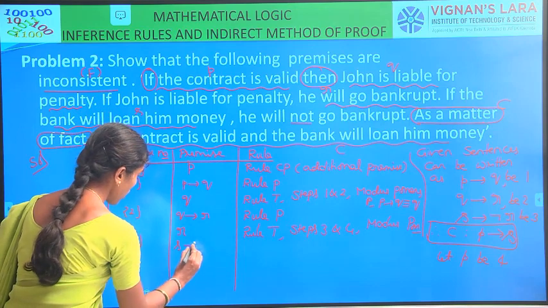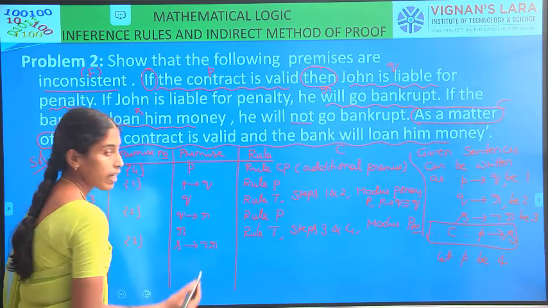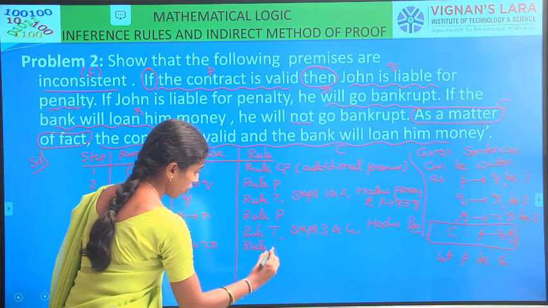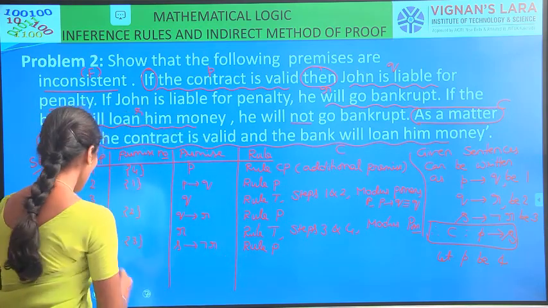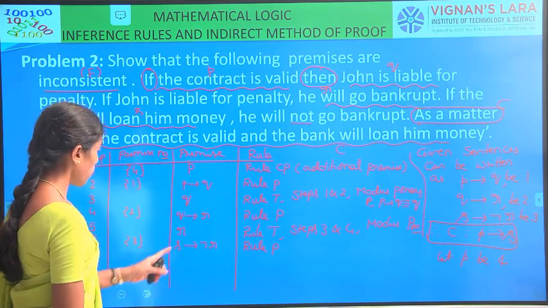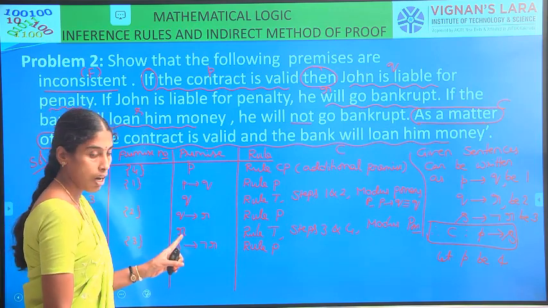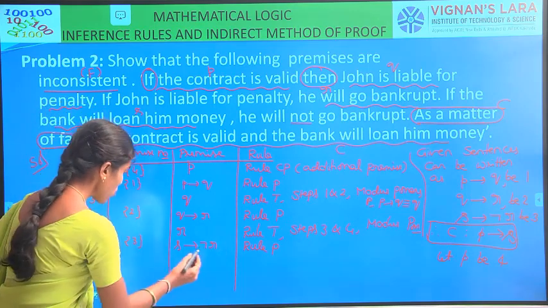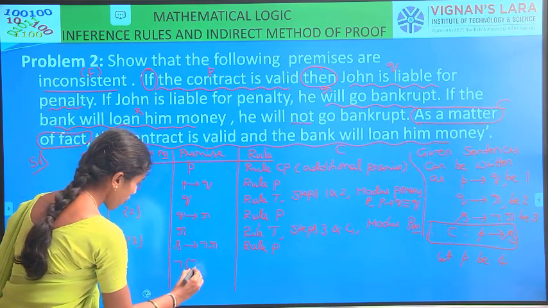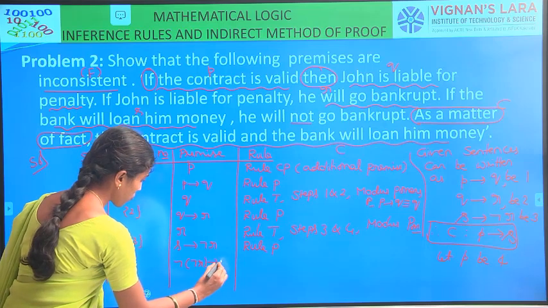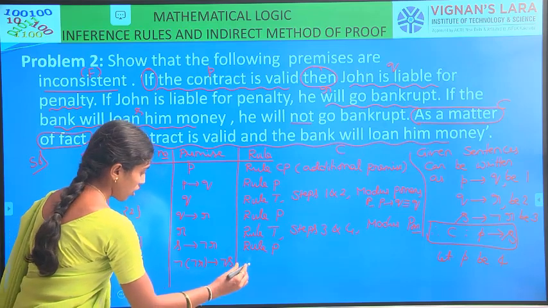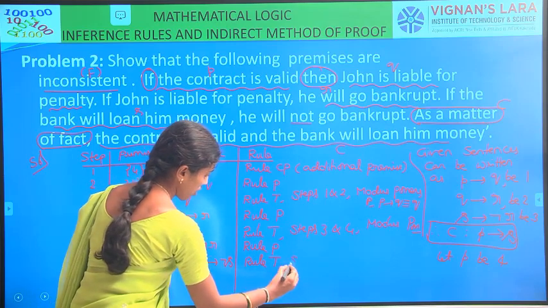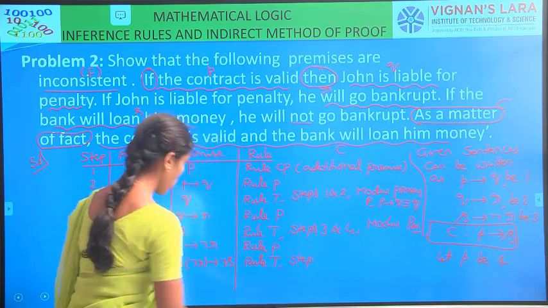S conditional negation R. Writing the given premise as it is, that rule is called rule P. So in the next step, because previously we have R, but this S conditional negation R is in a different form, so we write it as negation of negation R conditional negation S. This is a derivation part, rule T. Which step are we using here?